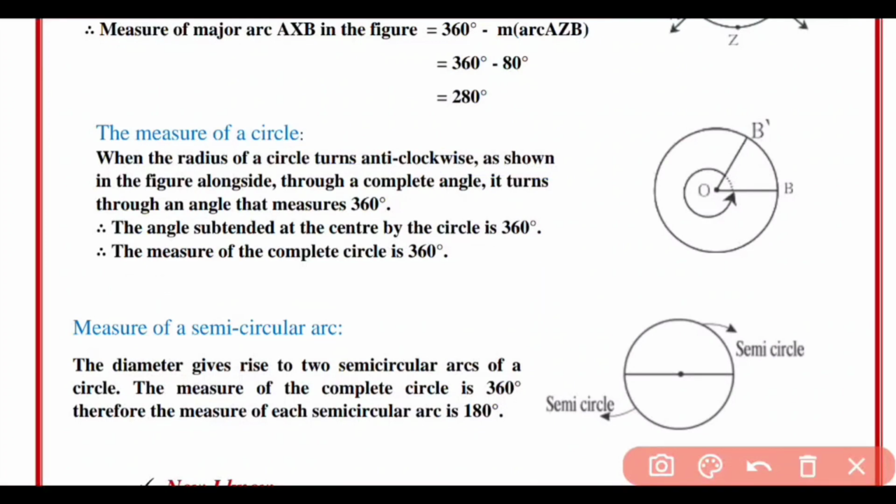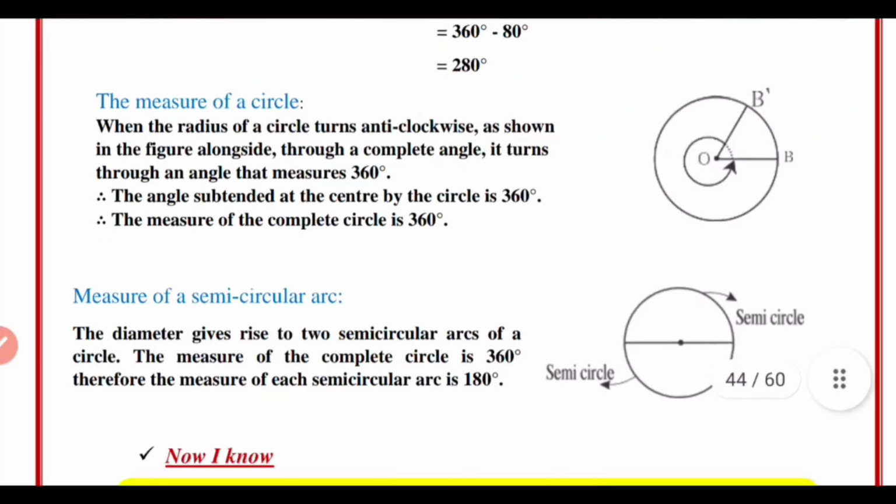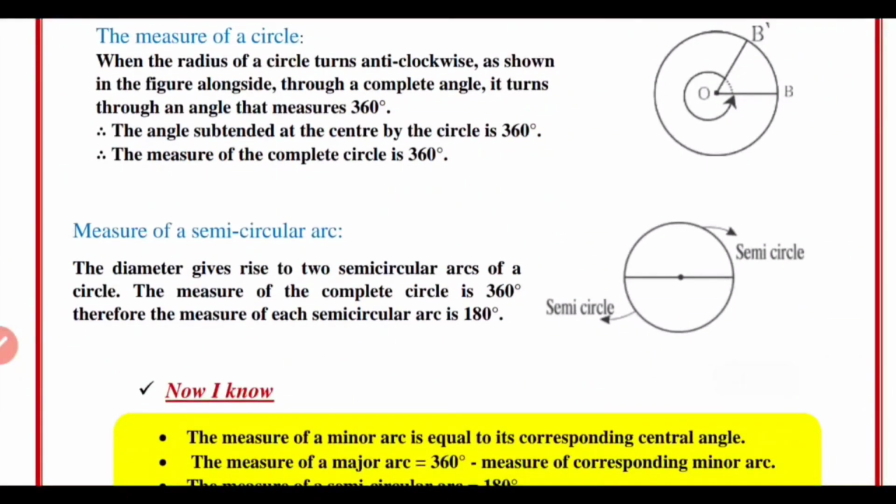Now if a complete circle measures 360 degrees, what will be the measure of a semicircular arc or semicircle? See here, the diameter gives rise to two semicircular arcs. We can see a diameter is drawn, and due to this diameter, the circle is divided into two equal half circles.